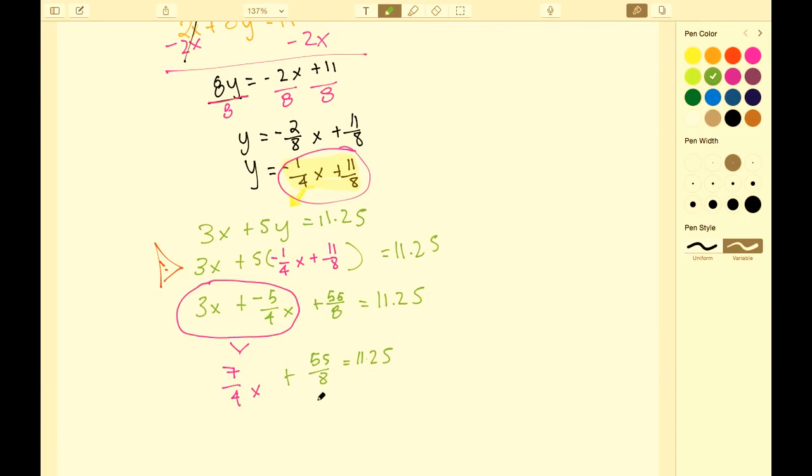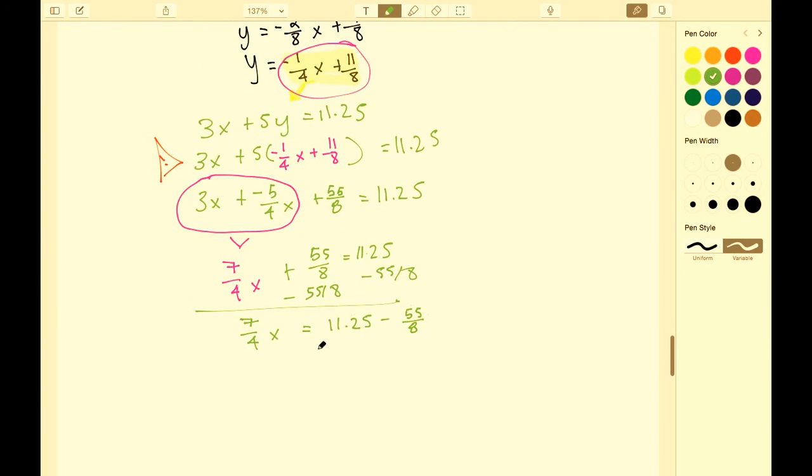We need to isolate x, so we'll subtract 55/8 on both sides. And so we're left with 7 over 4x equals 11.25 minus 55 over 8. And once you type this into the calculator, you will get 4.375, and we'll get 7 over 4x.